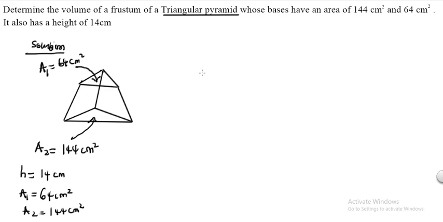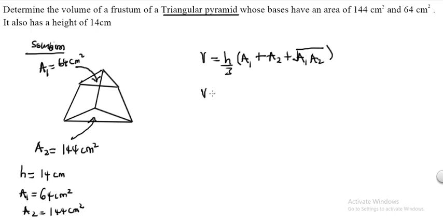And then remember, the formula for calculating the volume of a frustum of a pyramid is V is equal to H over 3, open bracket, area of one side of the base plus area of the other side of the base plus the square root of area of one side times area of the other side.